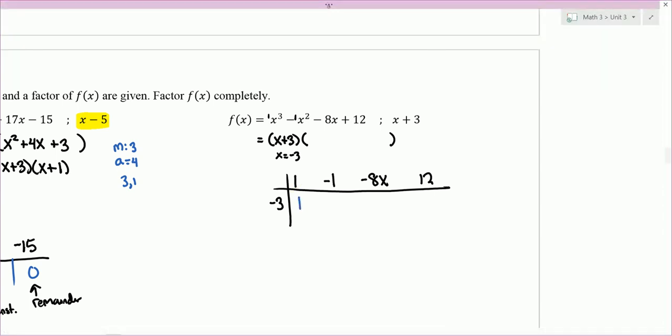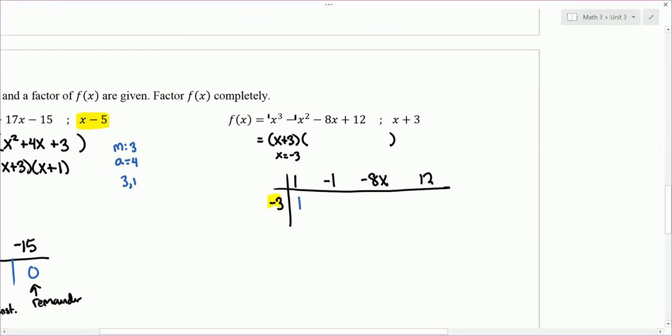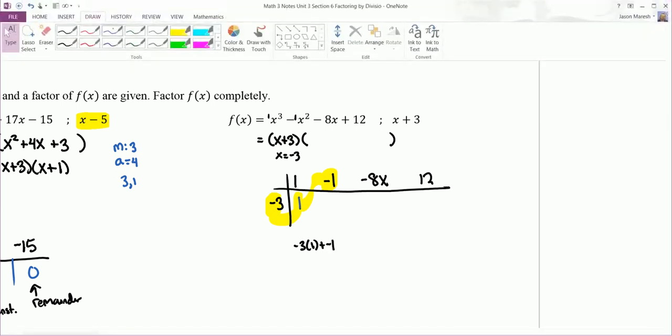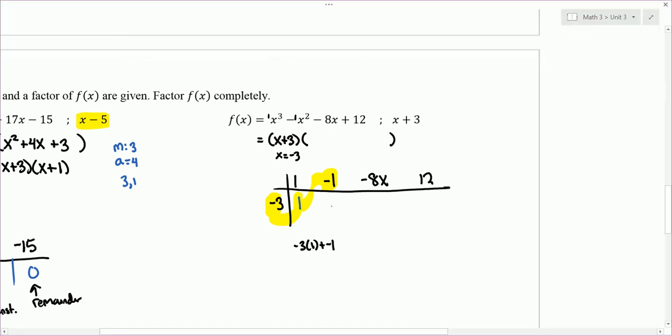Then we multiply negative 3 times 1, and then add it with the negative 1 here. So negative 3 times 1 plus negative 1 comes out to be negative 4.